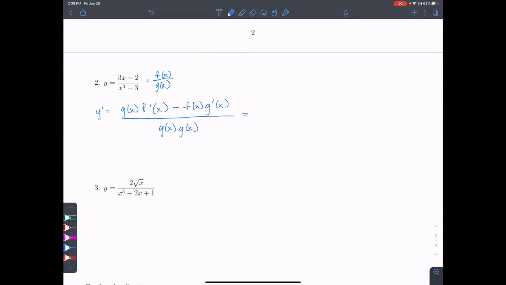So we will have bottom, so x cubed minus 3, times the derivative of the top, which is just 3.